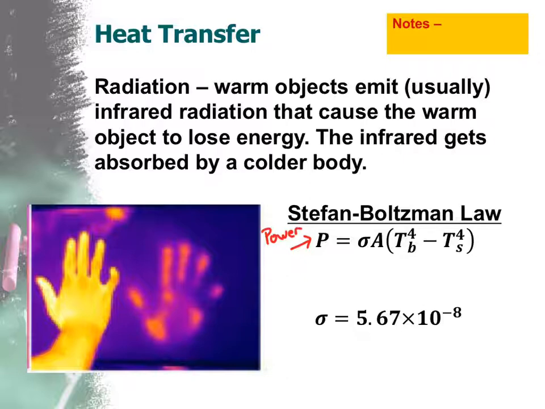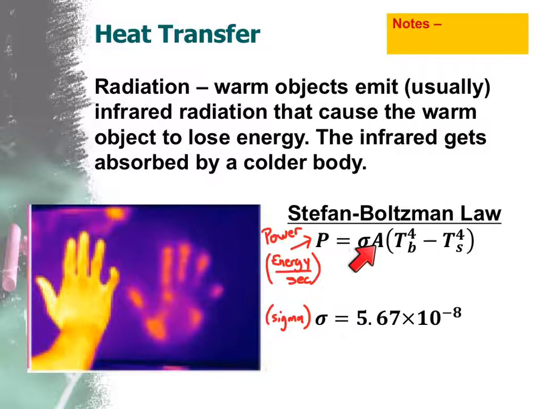So it is, in a sense, the rate at which energy is lost per second. And that is given equal to a constant, which is the Greek letter sigma. Not sure if you have ever been introduced to that Greek letter, but there it is, sigma.